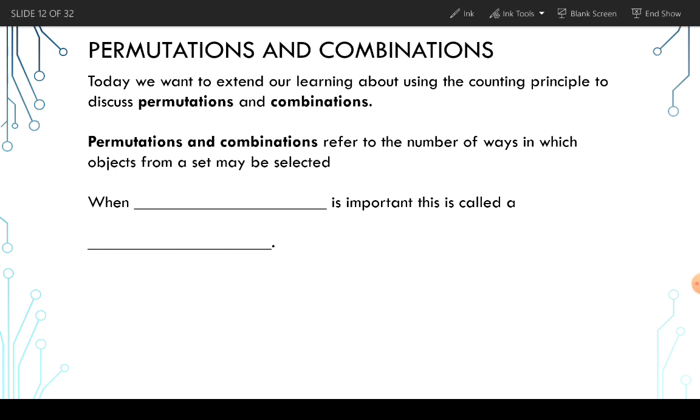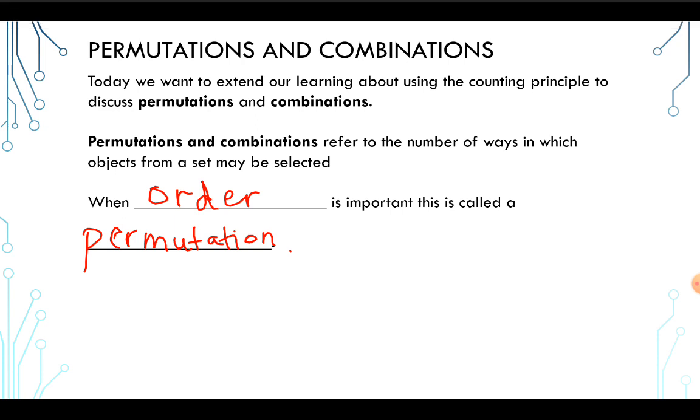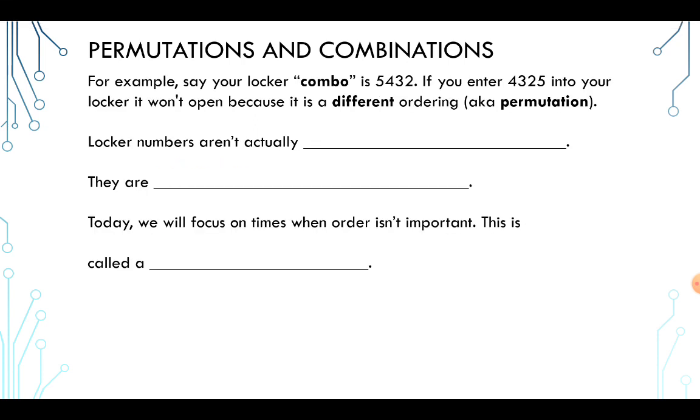When order, which is our first blank, when order is important, that is called a permutation. So when the order of the events happening matter, that's called a permutation. For example, say your locker combination is 5, 4, 3, 2.